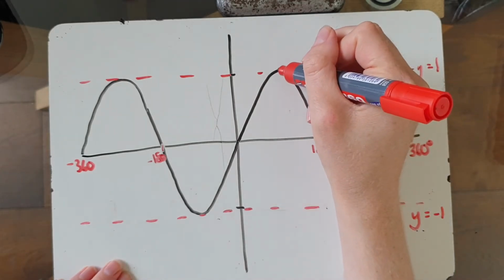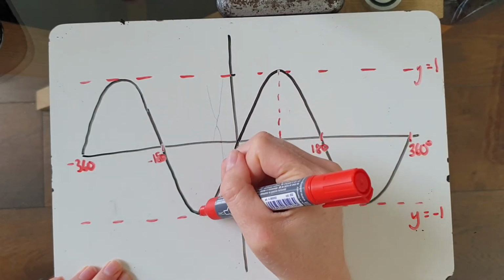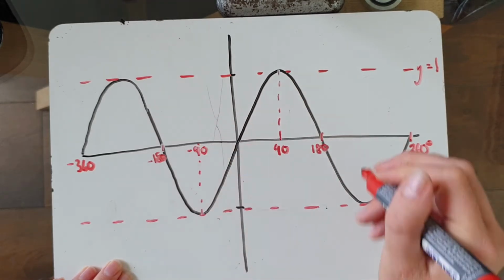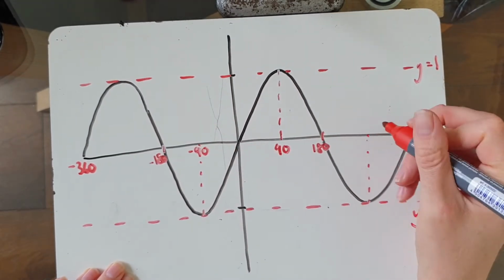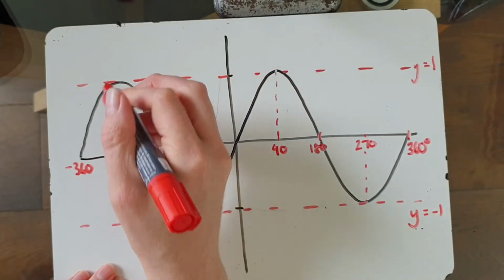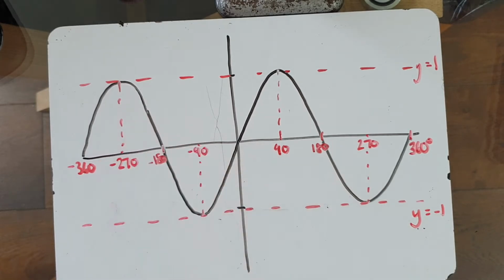This peak is at 90 degrees, and this trough is at negative 90 degrees, which makes this one at 270 degrees because of the regular nature, and this one at negative 270 degrees.